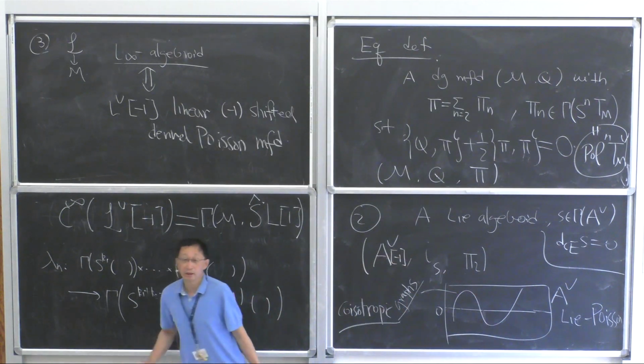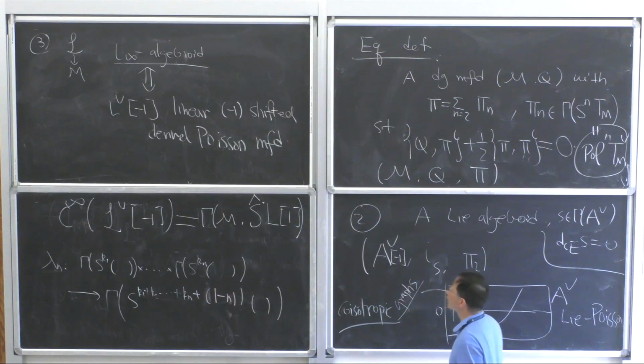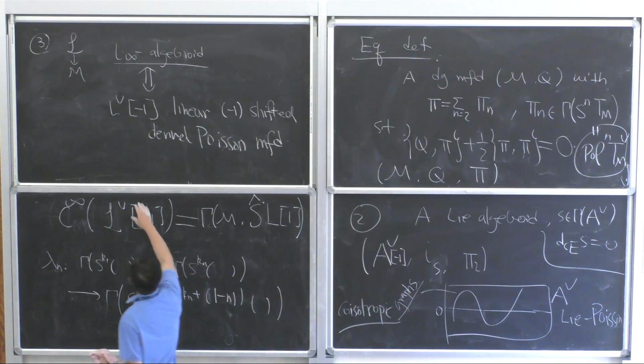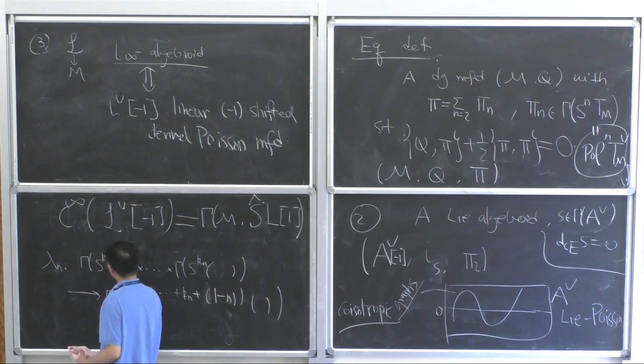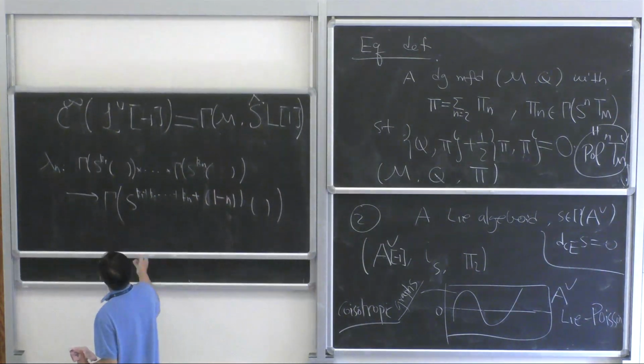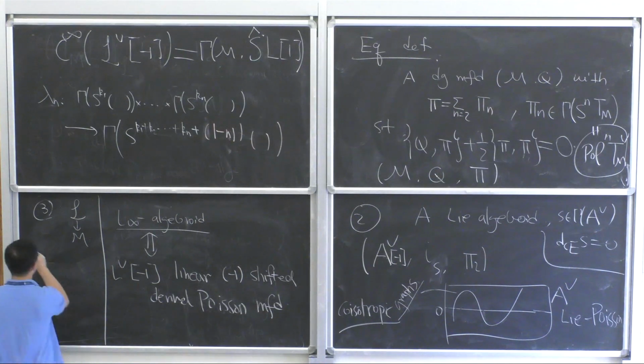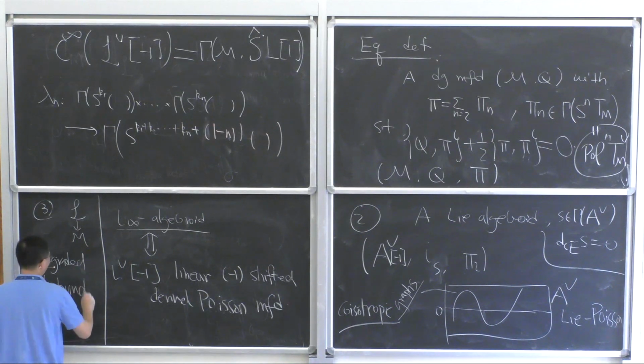Are you asking that M be Z-graded? Any Z-graded. So L, sorry, this is a Z-graded vector bundle.